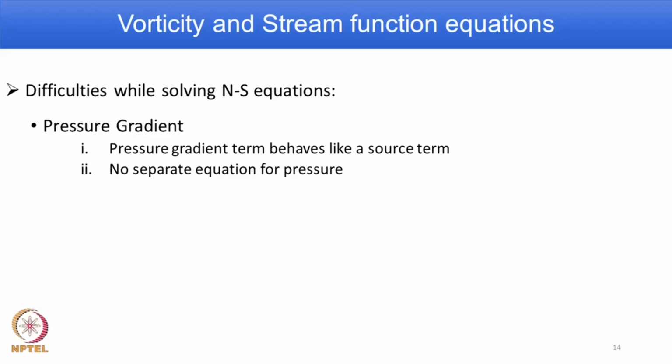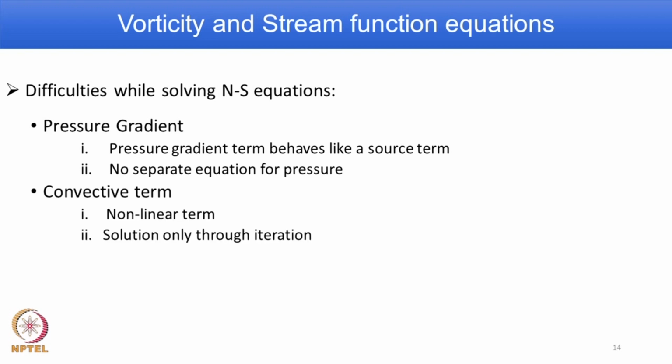We have a continuity equation and three momentum equations. The primary variables u, v, w are in these four equations, but there is no separate equation for pressure, whereas pressure appears in all three equations.